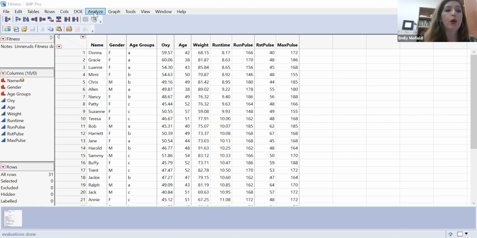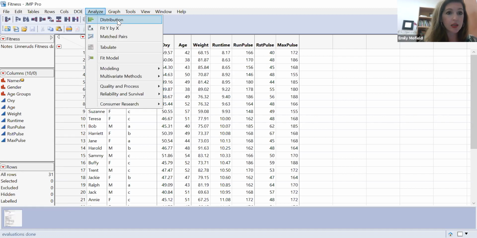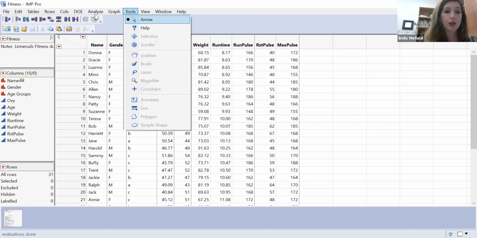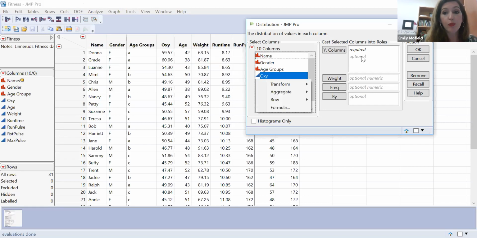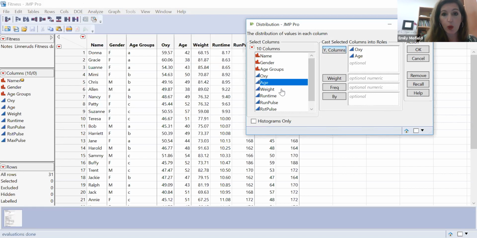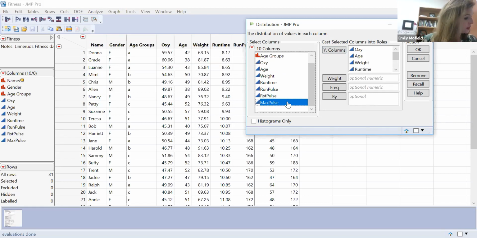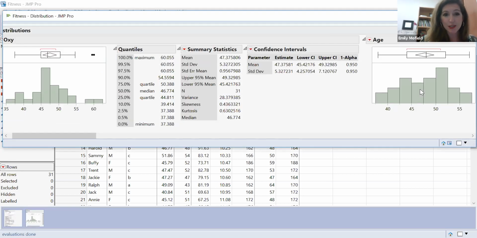All right, so this is from an independent set, a random data set. I'm going to look at distributions, and I'm going to look at all of my variables. They all need to go into Y. All of the ones that I'm interested in, basically all of them, right? Let's say max pulse, yeah. All right, and so I hit OK. I'm going to look at skewness and kurtosis for everything.